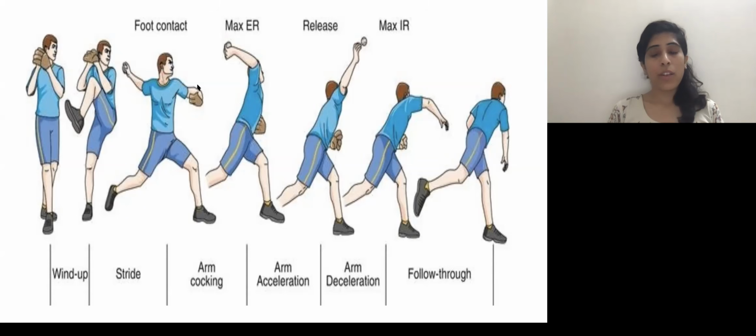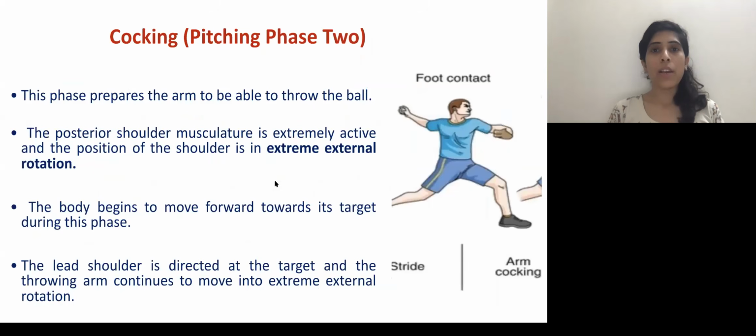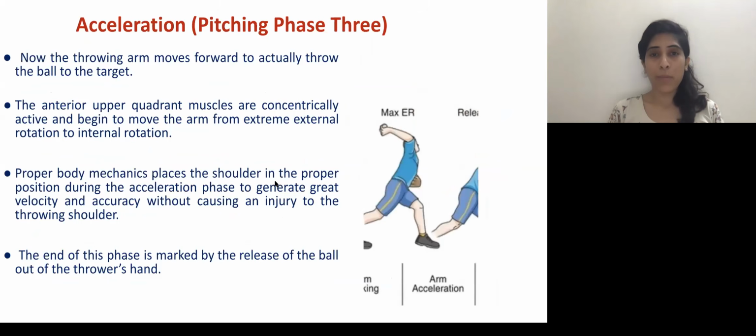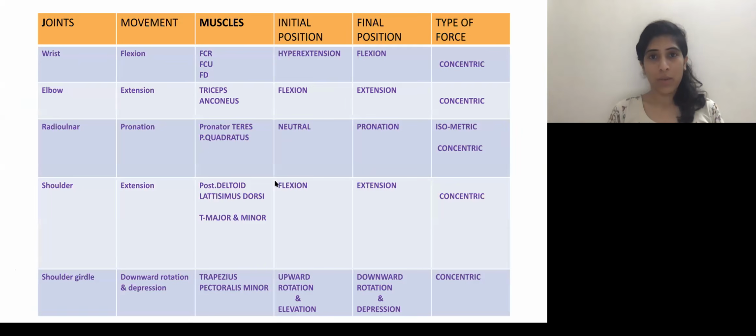And last, during the follow through phase, all the muscle activities will slow down and the body will return to its original position. During the arm deceleration phase, the posterior quadrant muscle has to work eccentrically just to control the movement, that is the forward movement of the shoulder musculature.